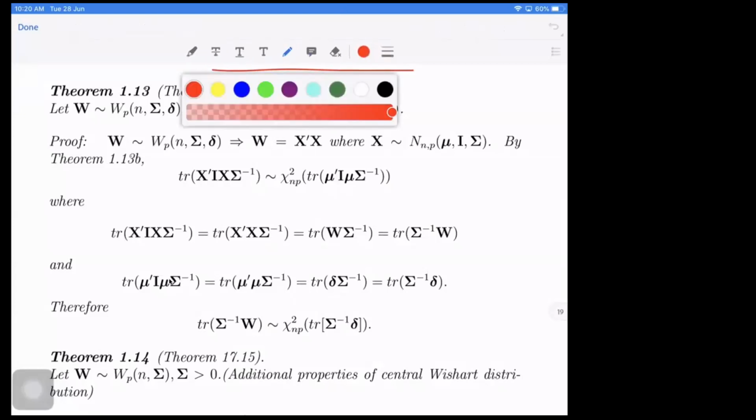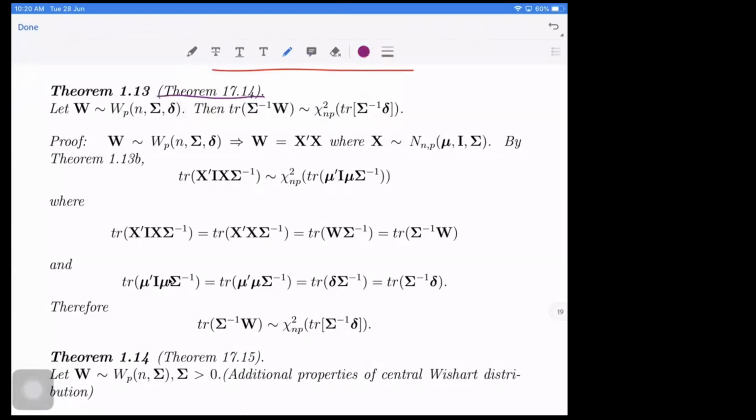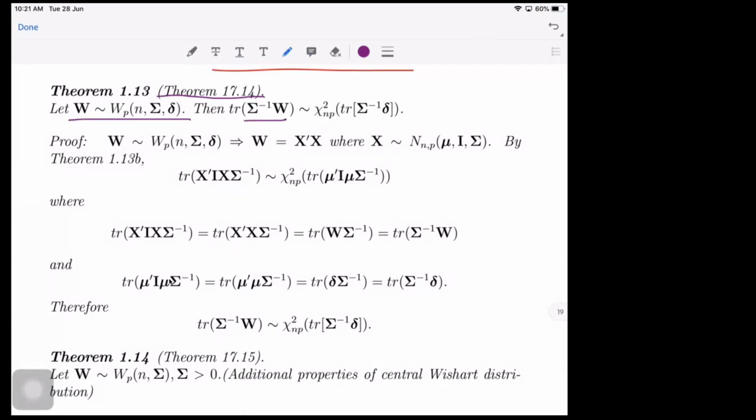So let's take up theorem 17.14. And we look here at some more properties of the Wishart distribution. W is Wishart distributed. And if we do some transformation on W, that is, we get the trace of a Wishart random matrix pre-multiplied by the inverse of sigma.